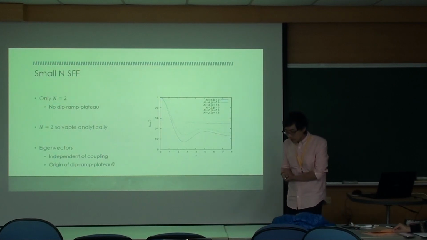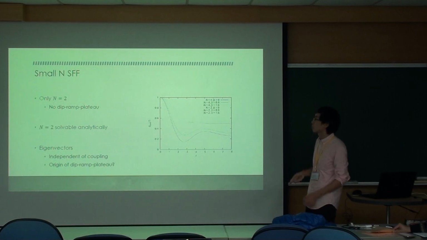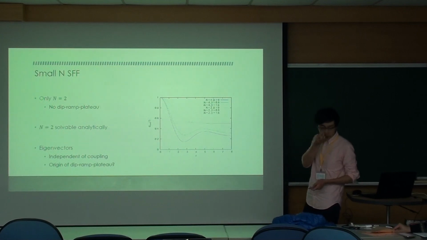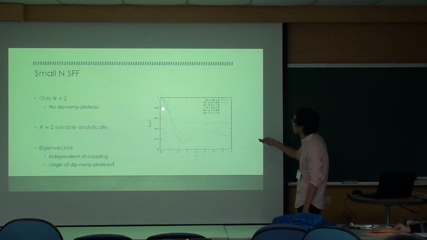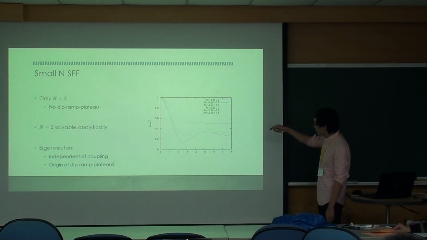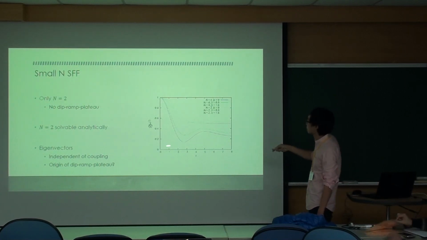But if we look into more detail, for example, if we reduce the number to n equals 2, which can be solved exactly analytically, then we see, sorry about the quality of these figures, two sets of spectral form factor for both n equals 2 and n equals 4.